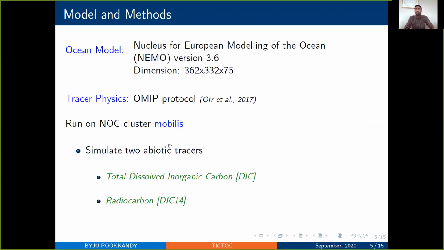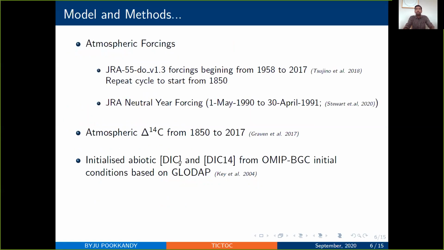Also, the delta C14 includes a correction for isotope fractionation, and other abiotic impacts on delta C14 are thought to be very small. The model is forced by JRA55-do forcing, which is available for the period 1958 to 2020, and we use this repeat cycle to start from 1815.